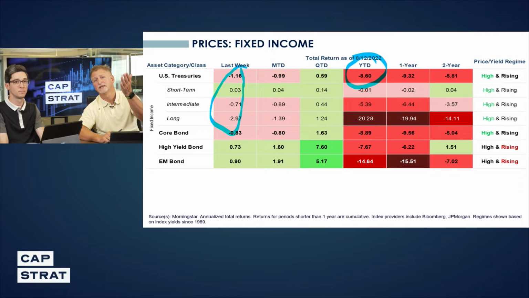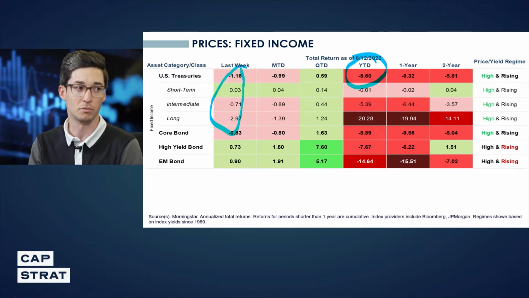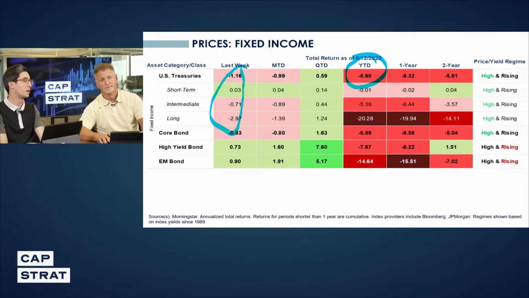All right, so green is positive. Rising, the color blue there. And it does change based on the asset class. So you'll see high and rising yields are a net positive for the high quality bond asset classes. High and rising are actually a net negative for the credit sectors, high yield bonds, EM bonds. That's why you'll see red there.